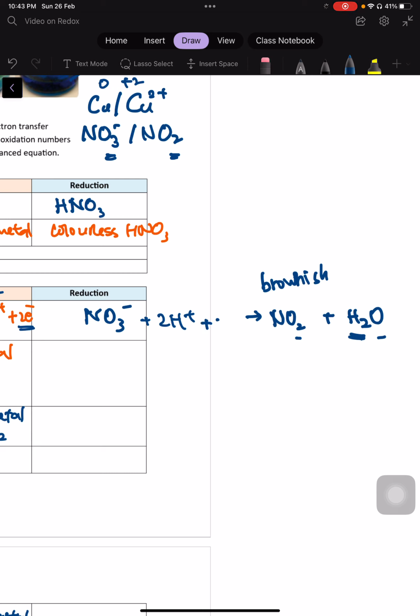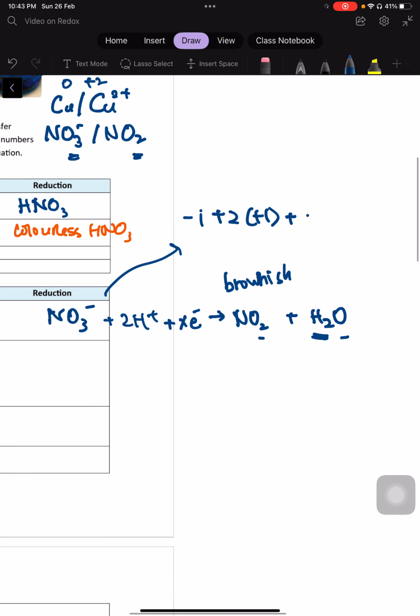To know how many electrons you need to add, you total out the charge number. So -1 is from nitrate, and hydrogen ions contribute +1 times x electrons, and 0. There's no charge on the right hand side, so I'm going to put down x electron.